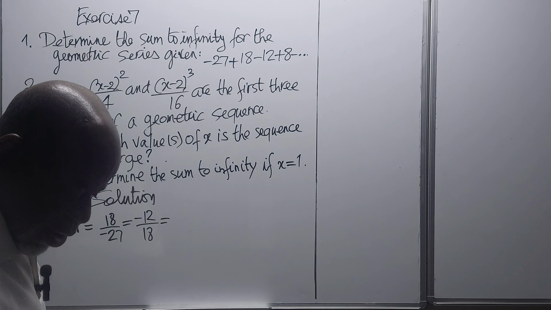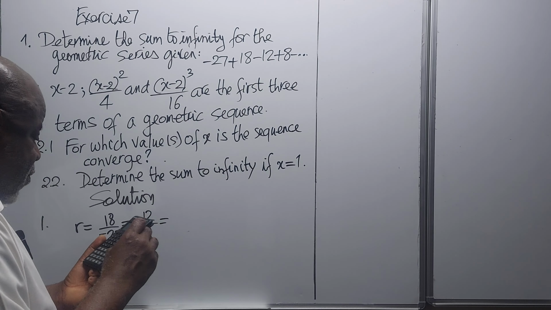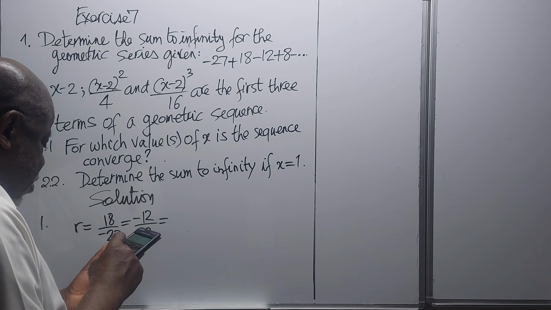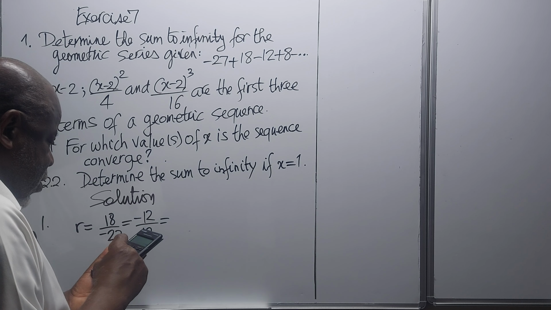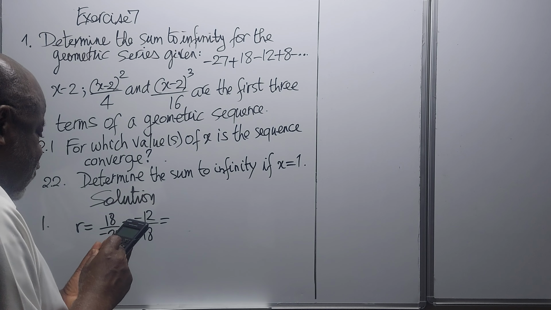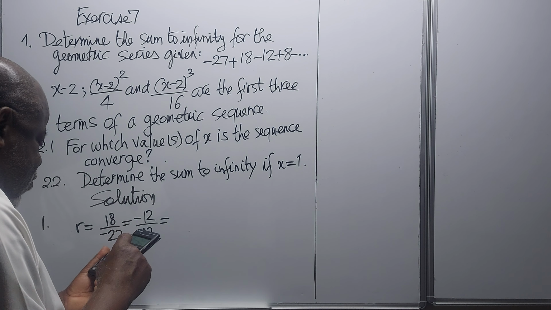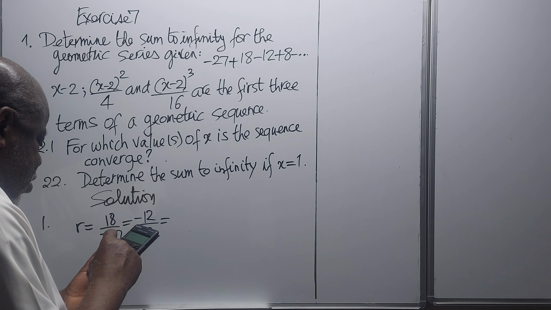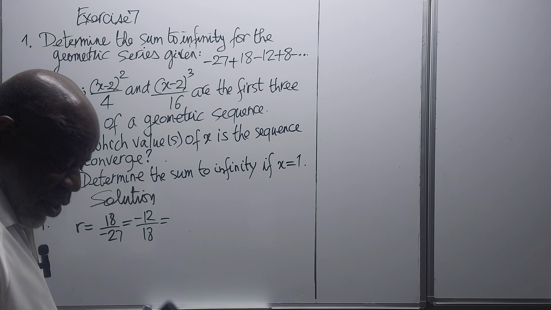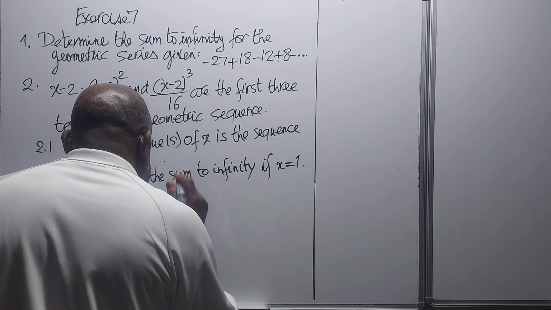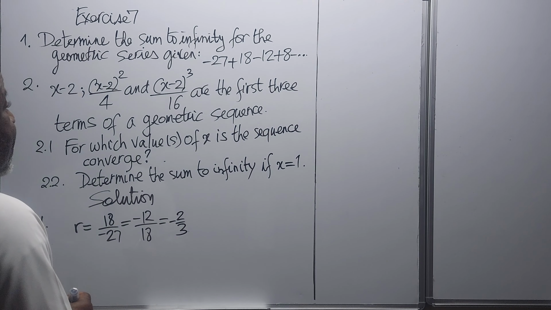Then we use a calculator to get the common ratio. 18 divided by 27. Then we get negative 2 over 3. Negative 12 over 18. So we're getting negative 2 over 3. Negative 2 over 3 is our common ratio.